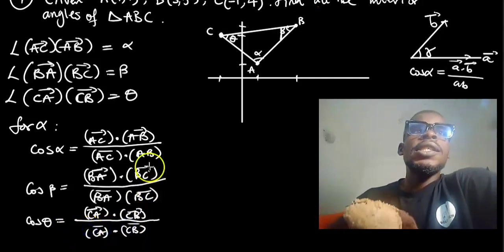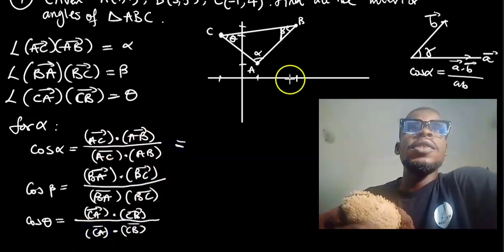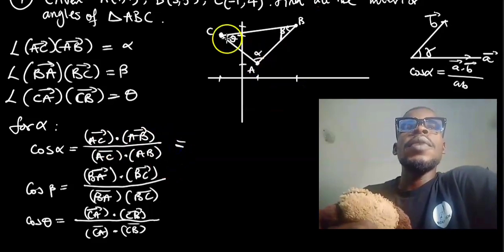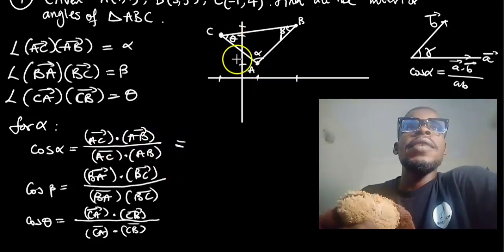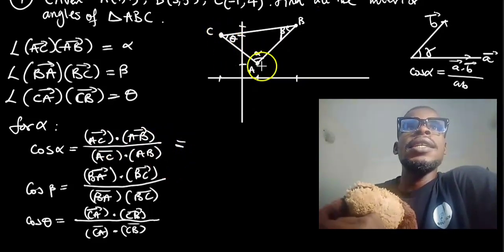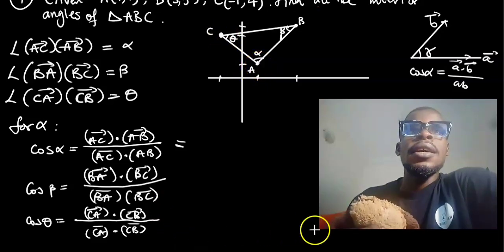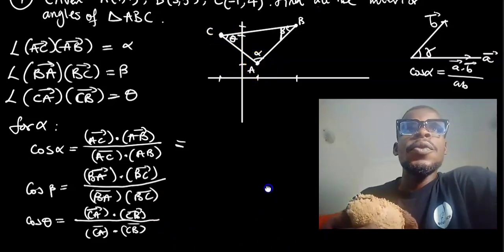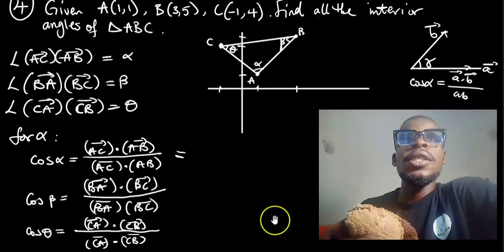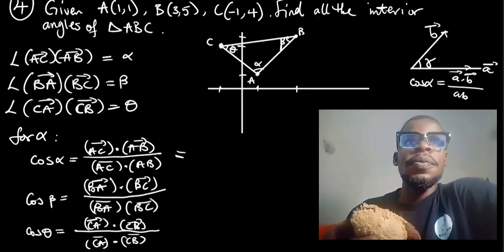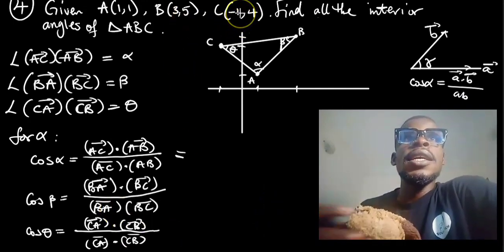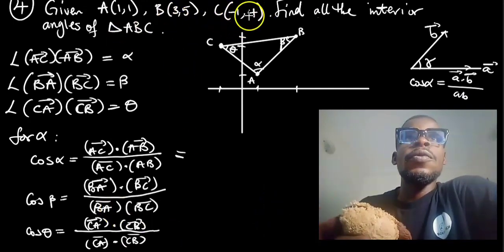But what is vector AC? The vector from A to C means a vector whose terminal point is C and whose initial point is A. To find such a vector, we just take the terminal point minus the initial point. For C, the terminal point is at (-1, 4).